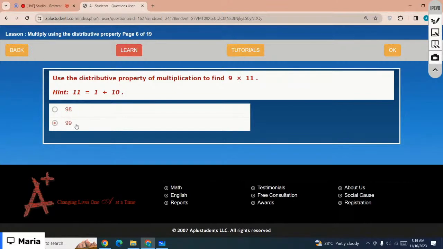How 98? Please explain. 9 times 11 equals 99. It is not 98.